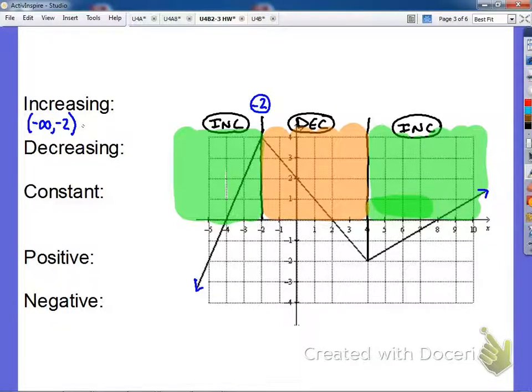Okay. Now there's another section here where it's increasing, so I'm going to put a union symbol. What's the x value right here on this next piece? 4. So the graph increases from what until what? 4 until infinity. 4 comma infinity.